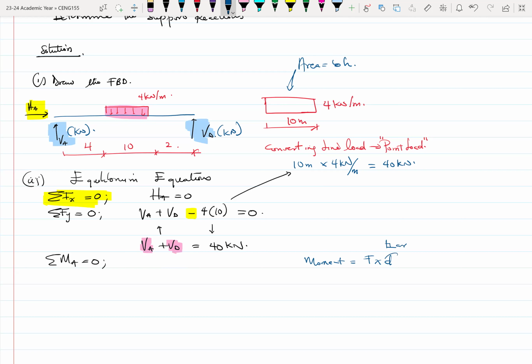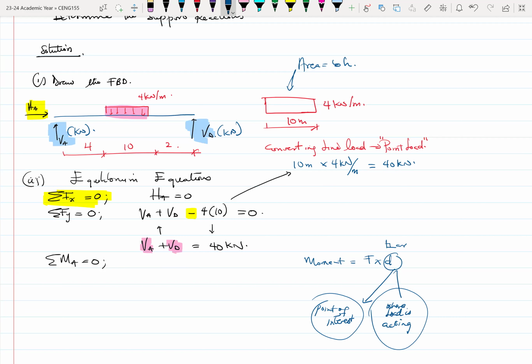And this distance is between the point of interest and where the load is acting. This is very important to us.